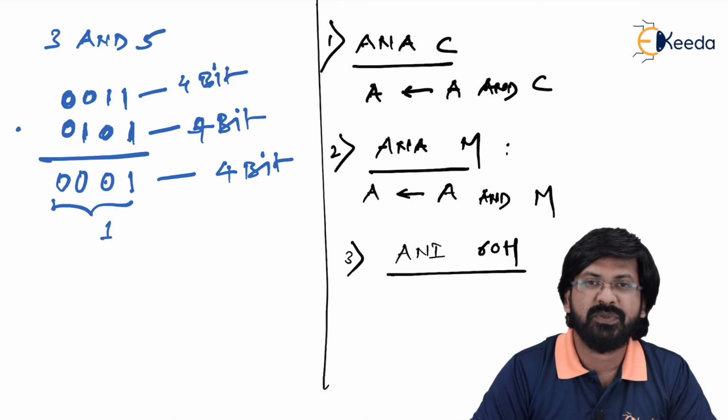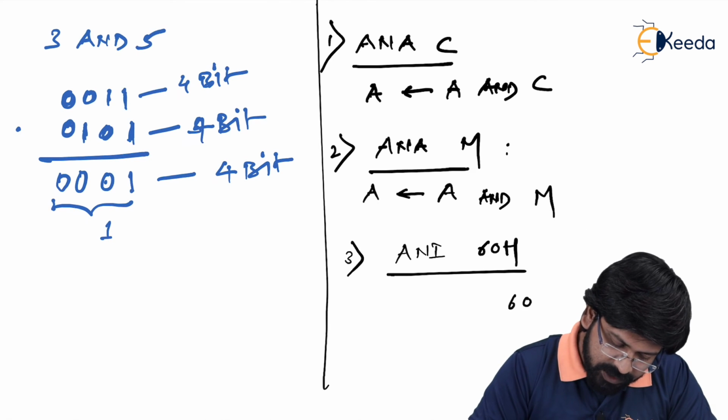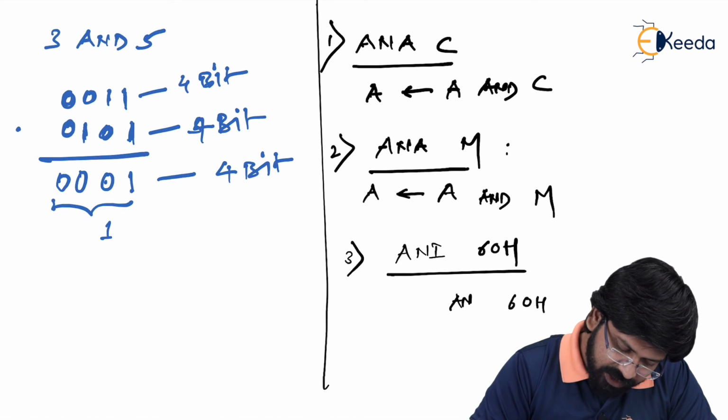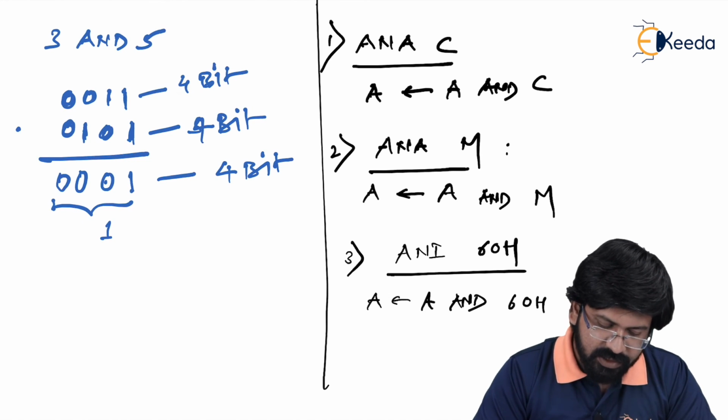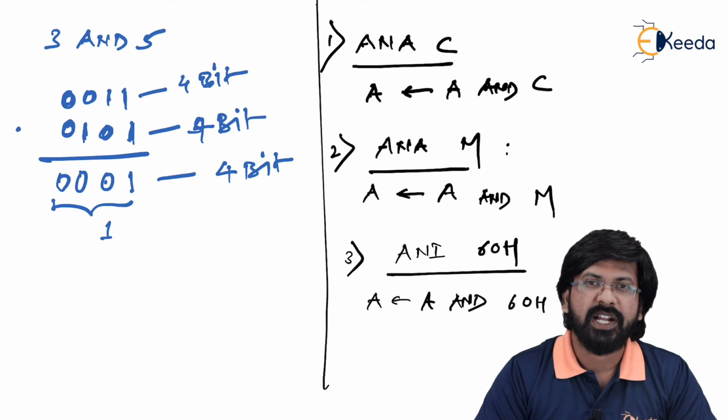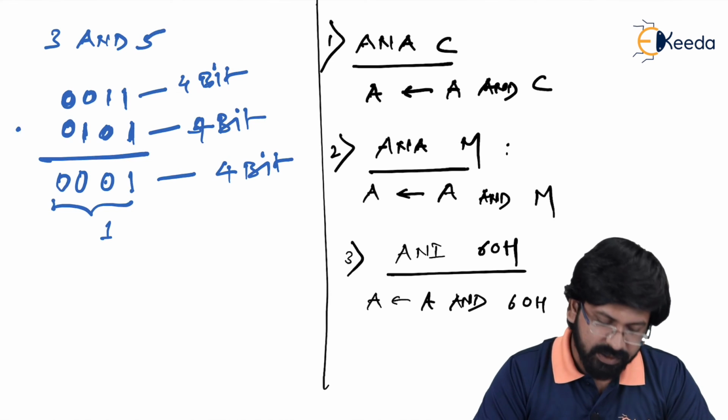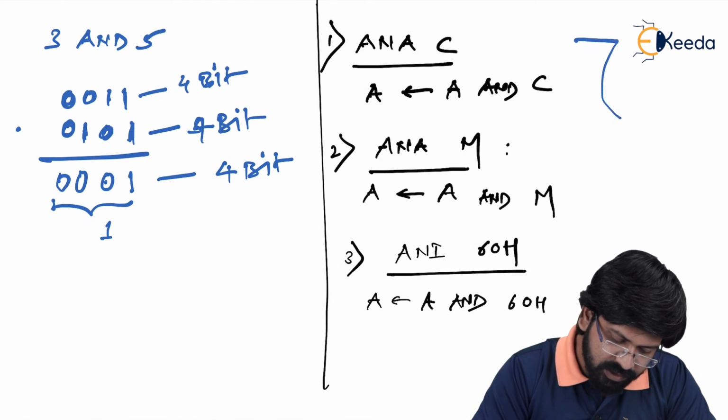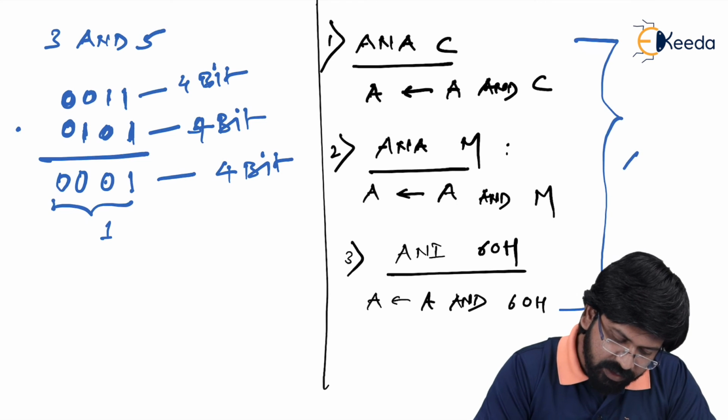You know that I stands for immediate data. So the specified data gets logically ANDed with the accumulator, and the answer goes to the accumulator. This is what indicates AND operation performed by 8085. So all the instructions listed here do only one operation, that is AND operation.